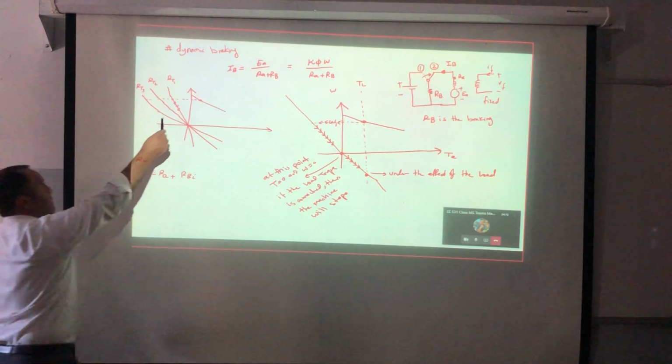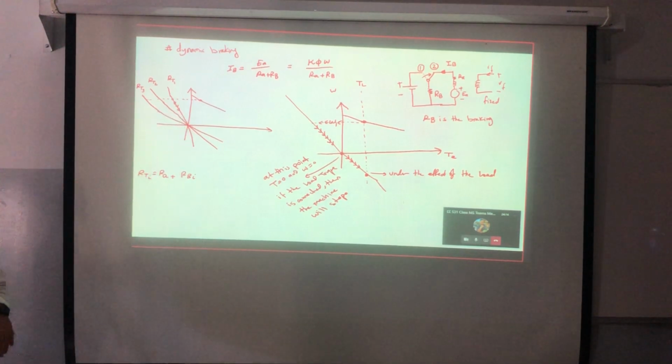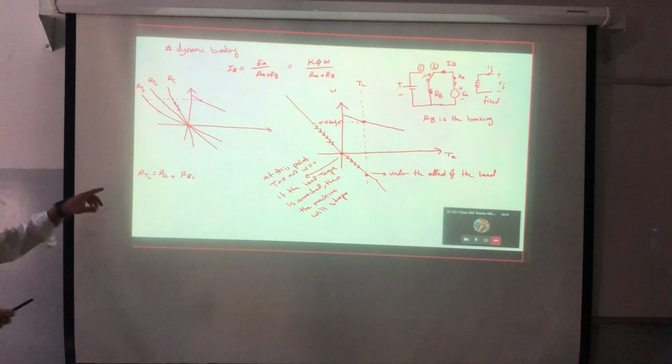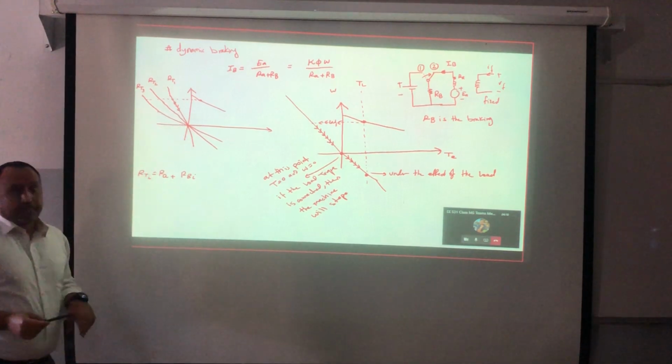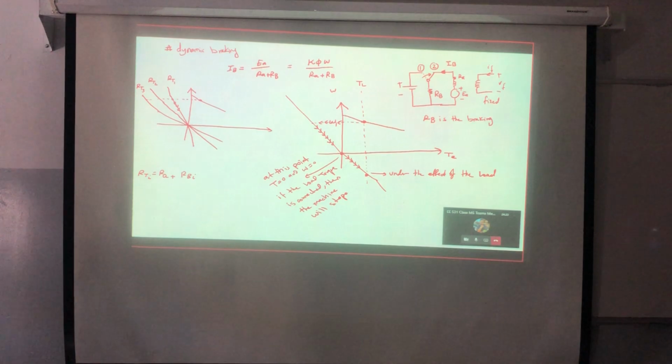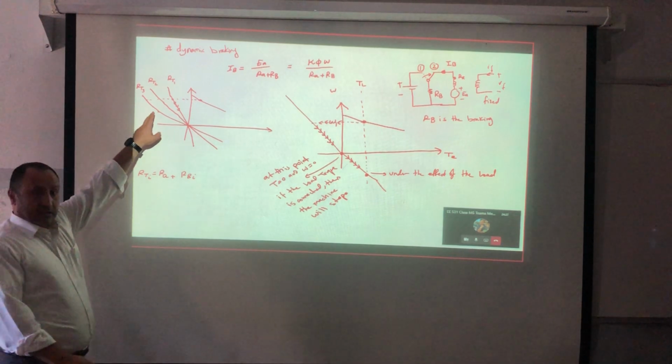So simply here I'm having 3 lines, 1, 2, and 3. For which line is the resistance the smallest? 3. Slope. Good.